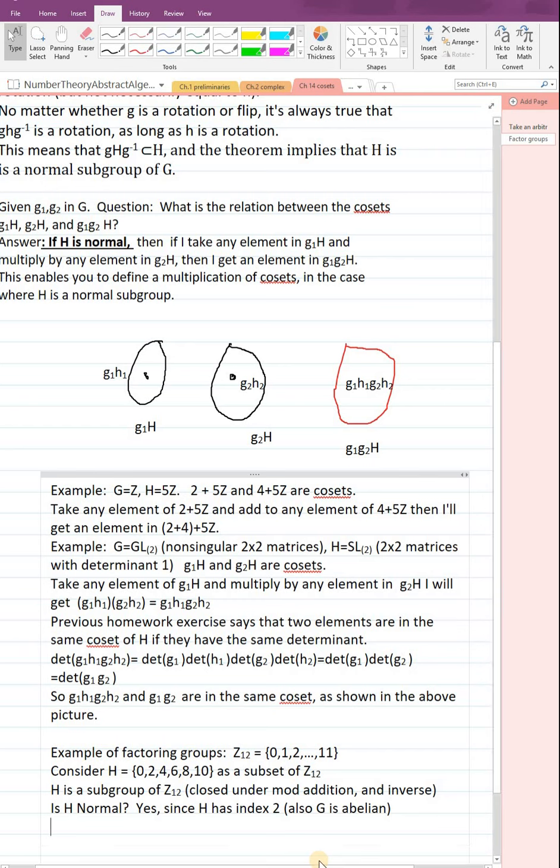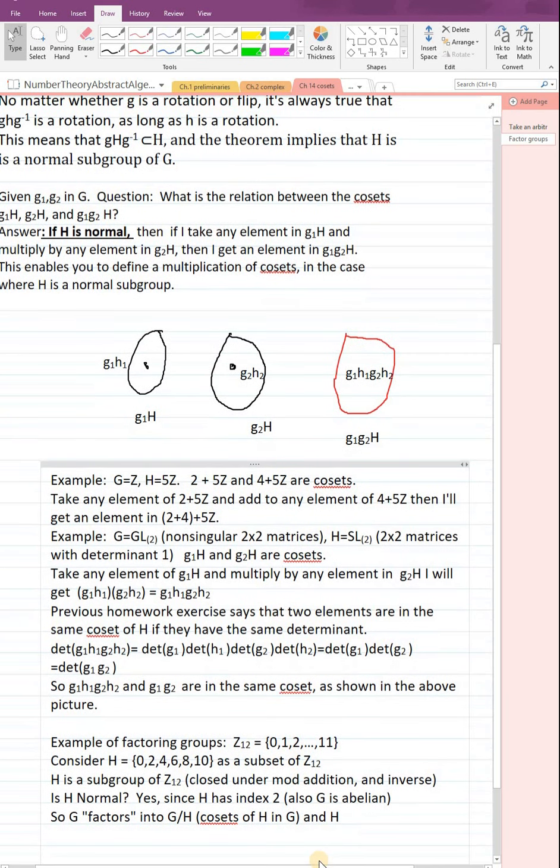So I can say G factors into G mod H and H. And G mod H, just to remind you, are the cosets of H. Now I can factor further.